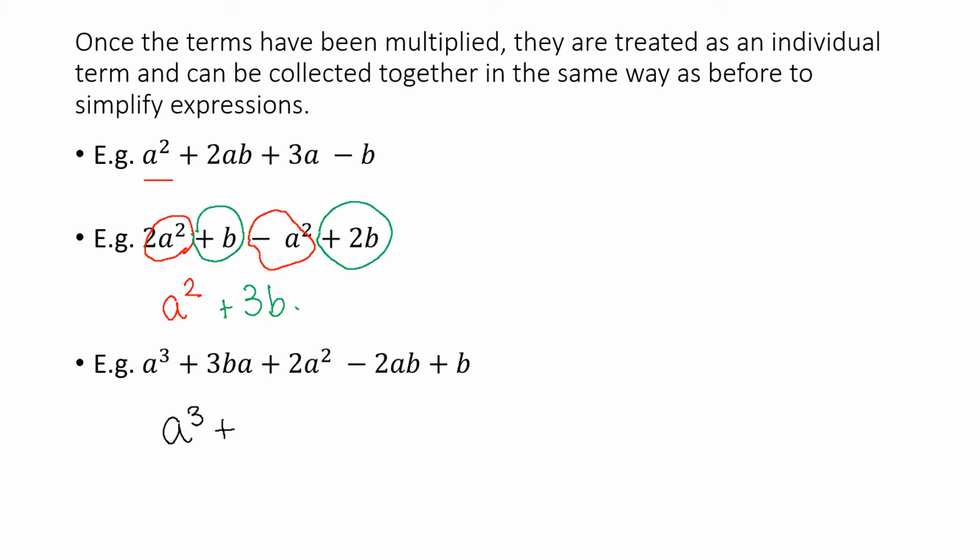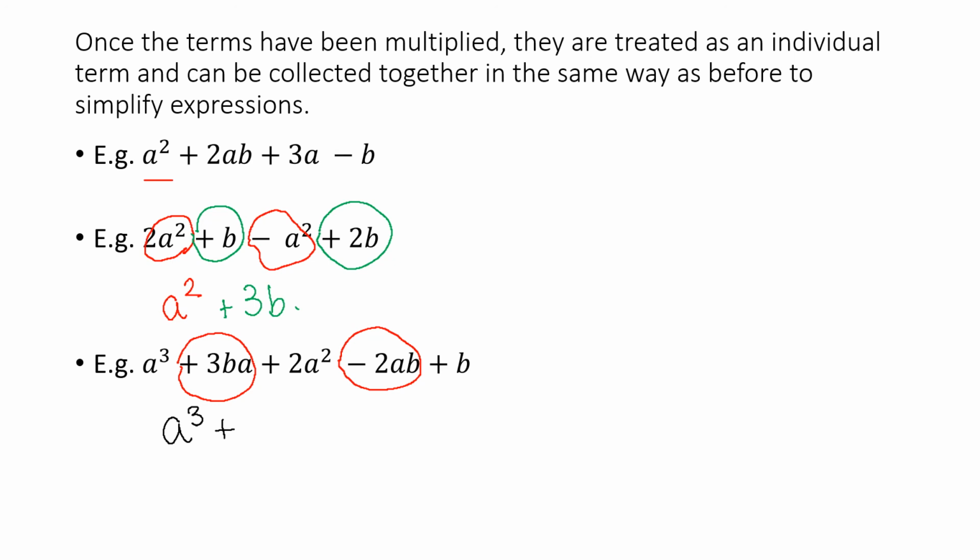3ba. Well, we do have another one that's the same. Over here we've got 2ab. Now remembering that we multiply in any order and we'll get the same result. So we've got a positive 3ba here, and then a negative 2ab here. So 3 subtract 2 is equal to 1, so we've got ba.